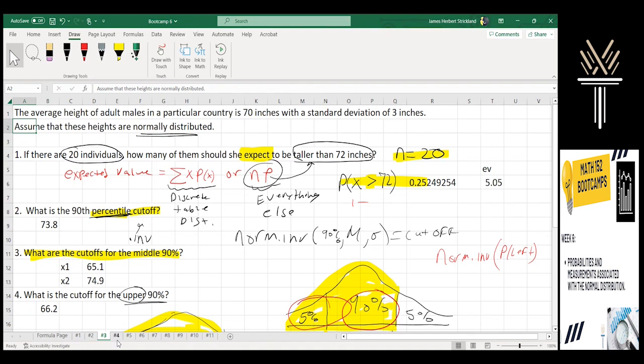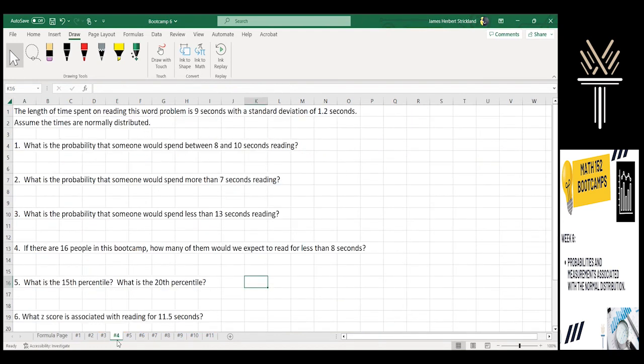Okay, number 4. So let's first write out what the probability statements are for the first 3 questions, and then we'll worry about answering them. So I want the probability that 8 is less than or equal to x, which is less than or equal to 10.